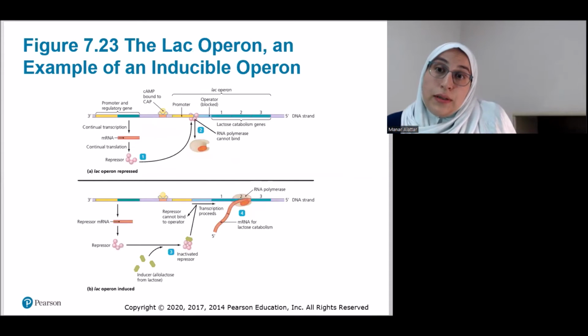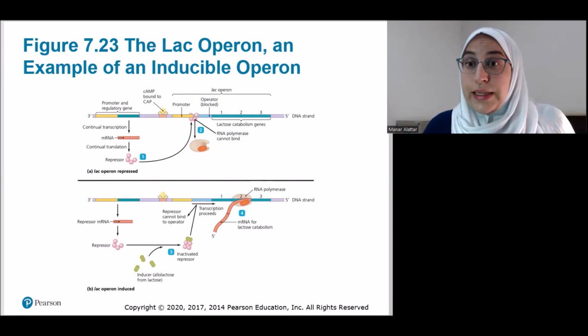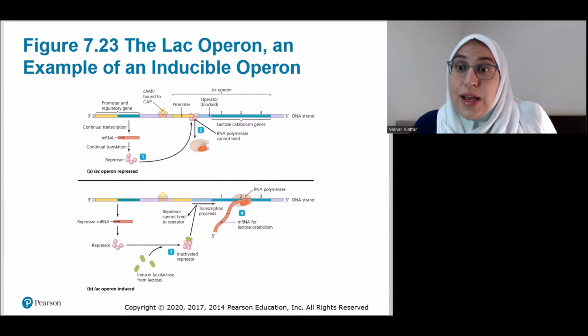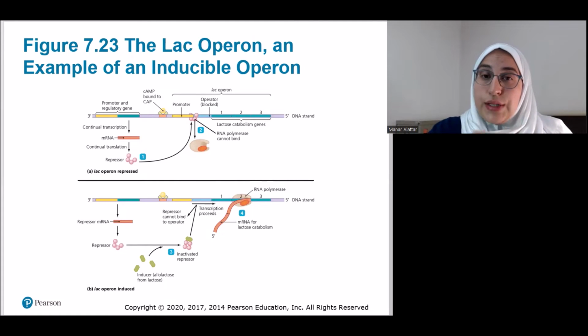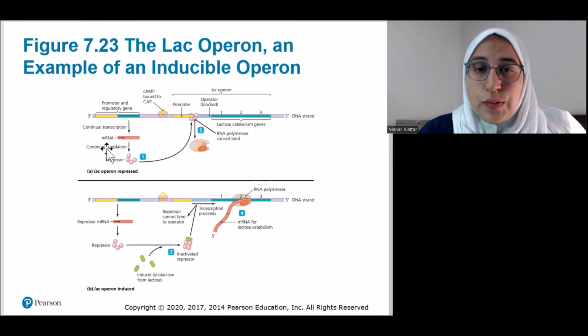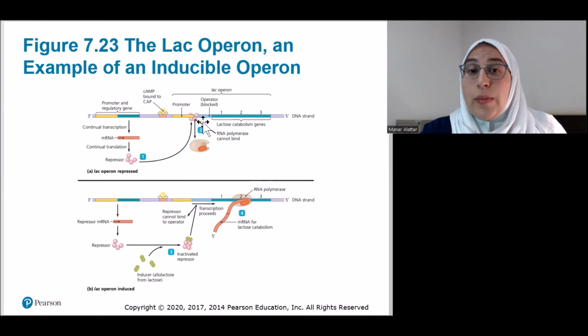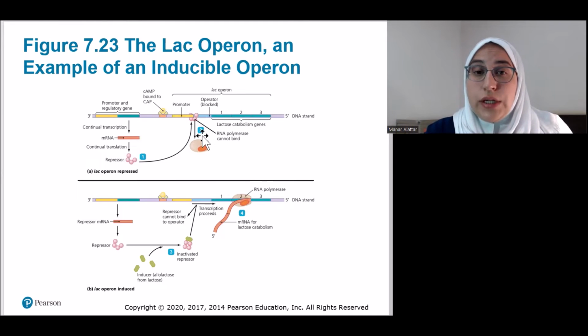The other potential time when the prokaryote would need the lac operon is if there's a lot of lactose around. Let's utilize it, right? And so there's another way of inducing the lac operon, in that we have this repressor protein that tends to be bound ahead of the lac operon, right around the promoter of the actual gene, or a series of genes.